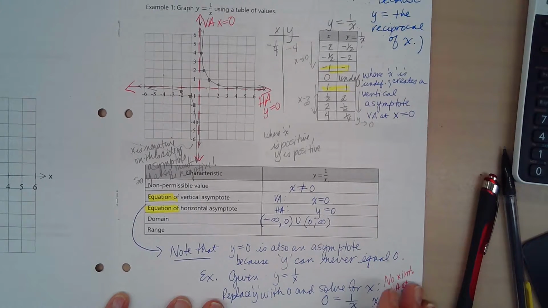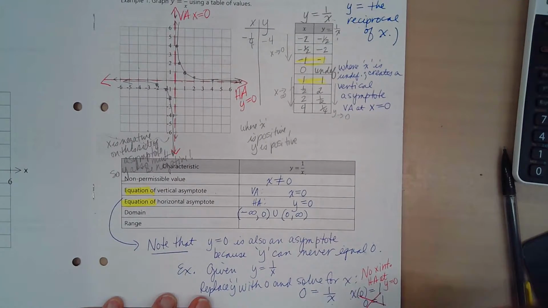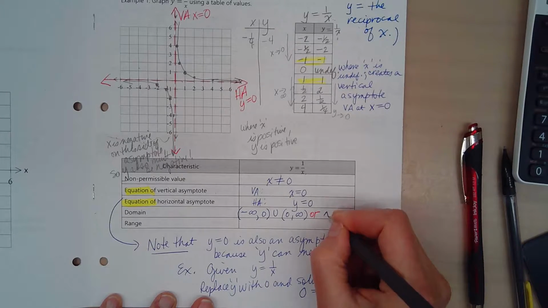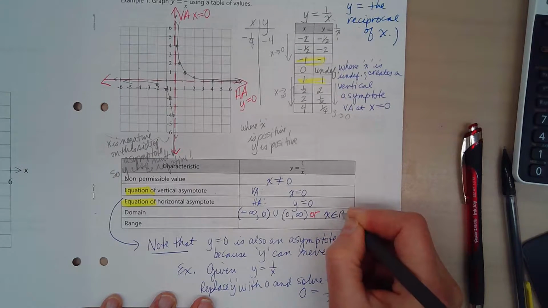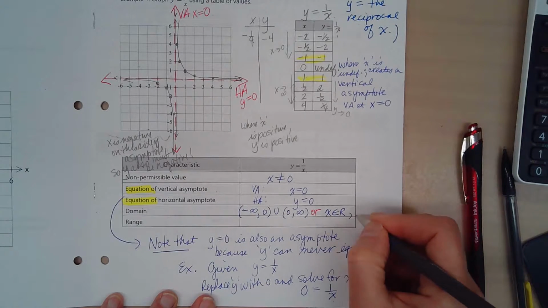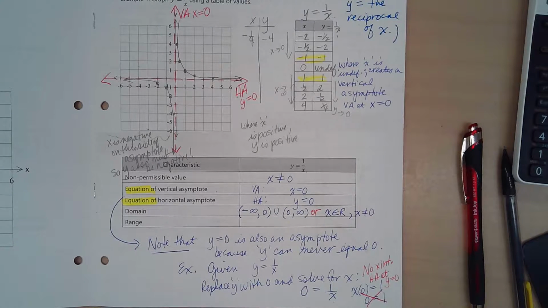That's one way. The other way you can do it is this way. You can say x is an element of the reals, because x can be everything except x can't equal 0. You can do it that way as well if you want.